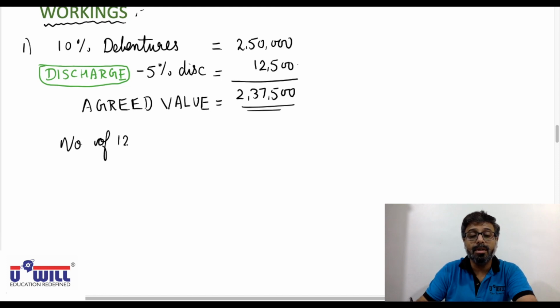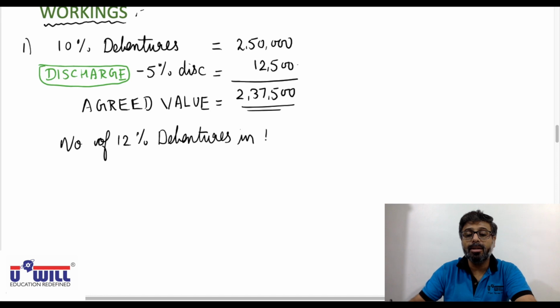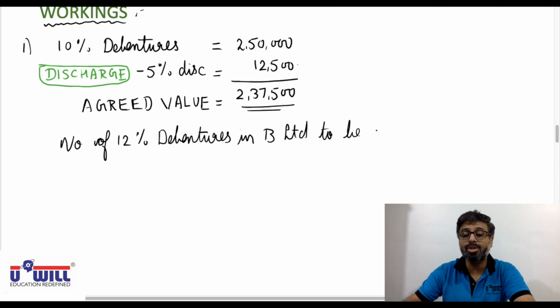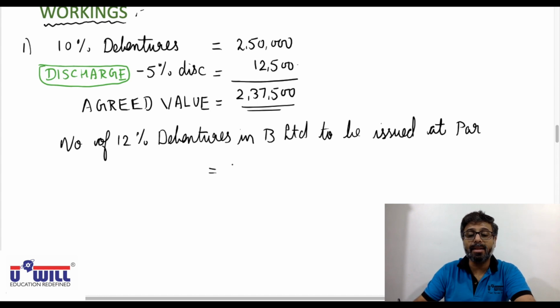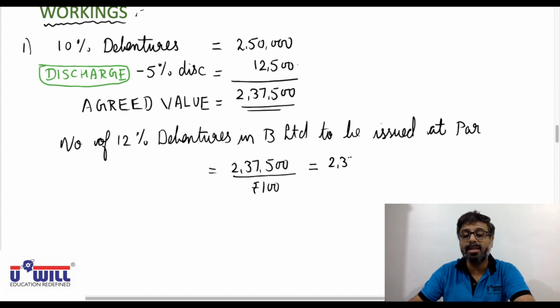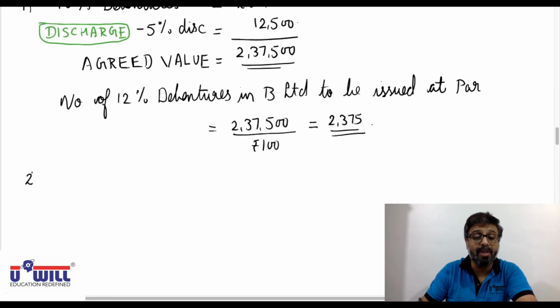Number of 12% debentures in B Limited to be issued at par is equal to 2,37,500. We assume the face value of a debenture is normally 100 rupees. So how many debentures will be issued for this? 2,375. I hope everyone is able to get this working correct if you have tried on your own.